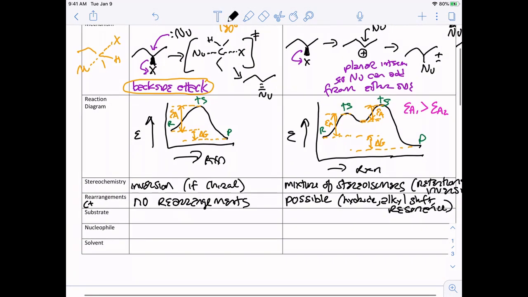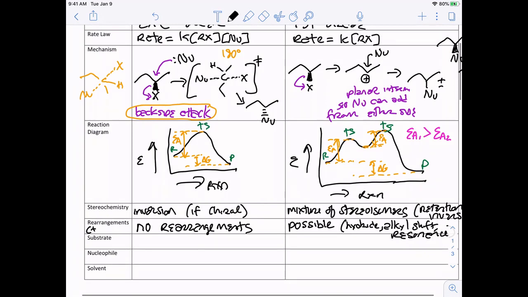Okay, substrate. I like to think about the mechanism when I'm determining the substrate. It just helps me remember if I think about what's going on. So going back up and looking at the mechanism here for SN2, because that nucleophile and the leaving group are both there at the same time, if you look at that transition state, there's a lot going on in that carbon.